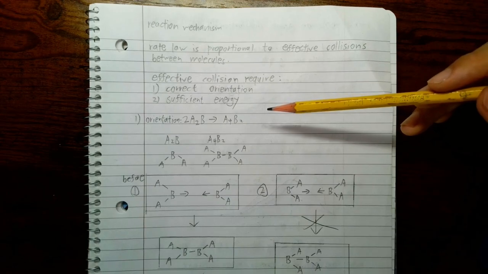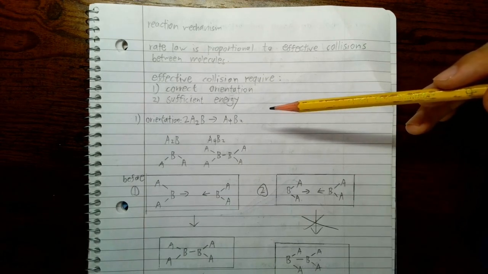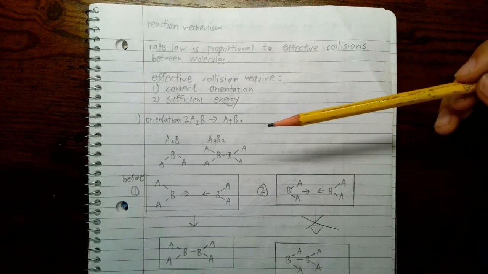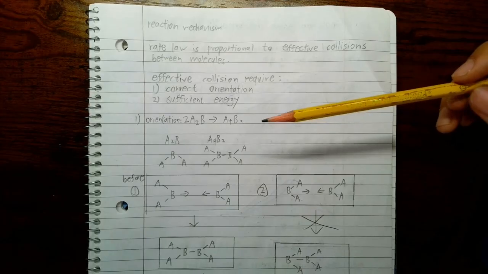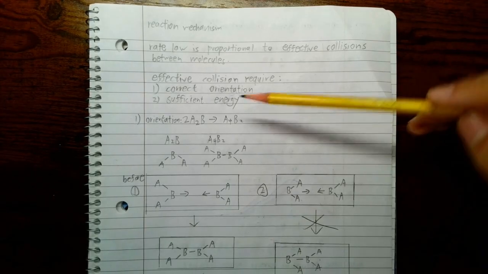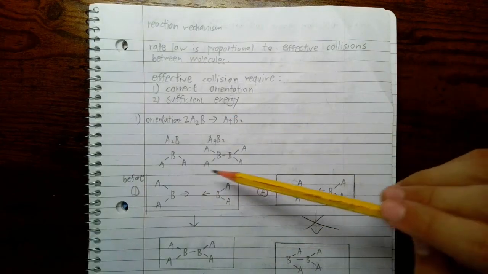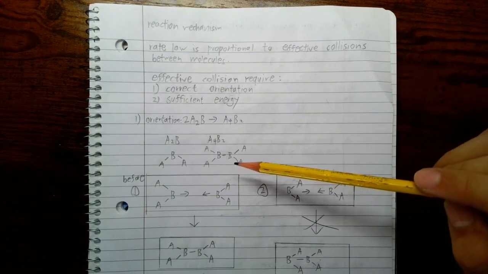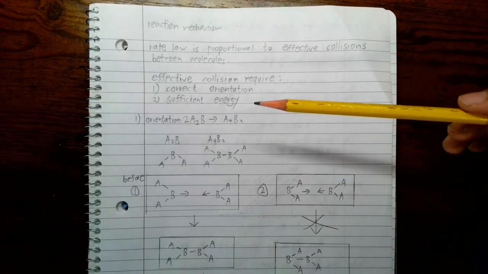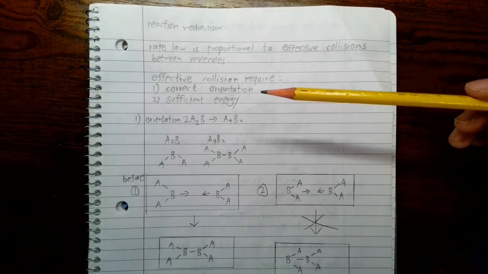The second thing is that the molecules must contain sufficient energy to make this collision effective. Now let's talk about orientation. If we are looking at a reaction like this, and we know the molecules look like this, again, you're going to be given what the molecules look like in the AP exam. So you don't need to worry about that. You don't need to memorize it.